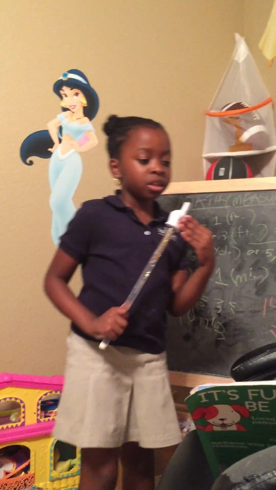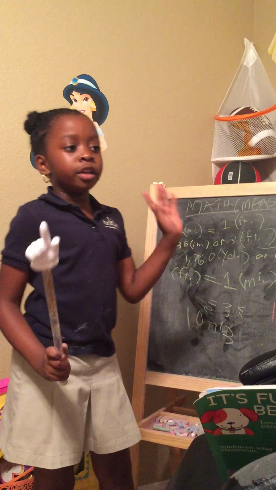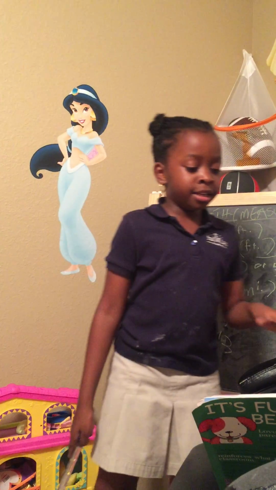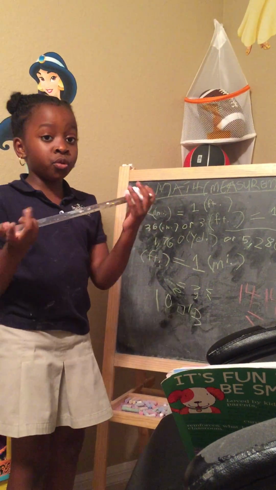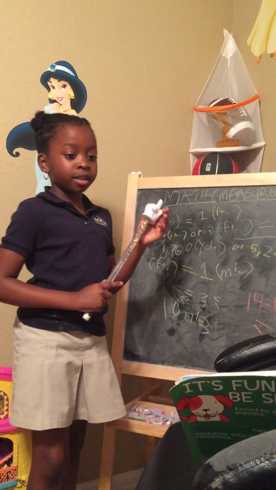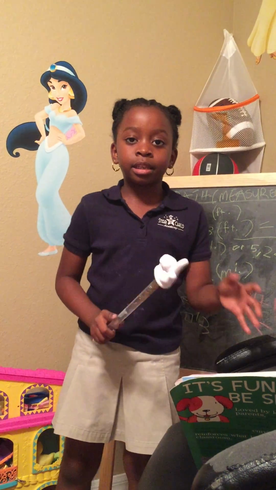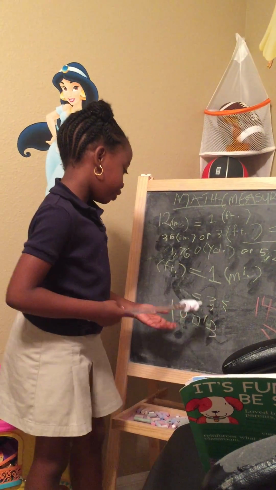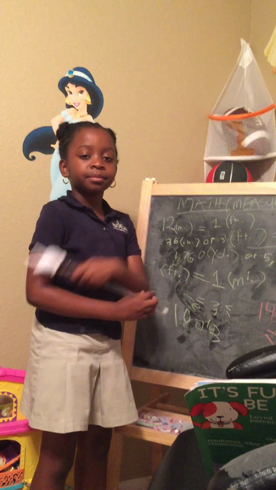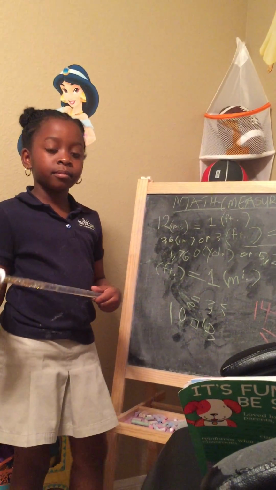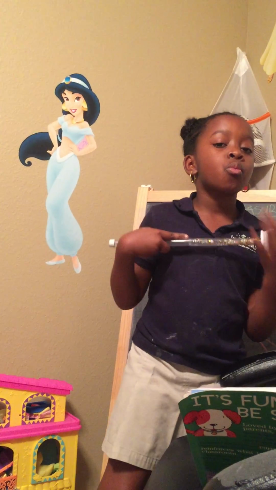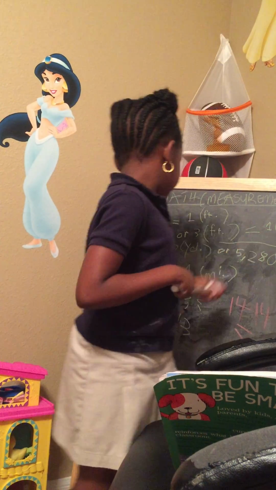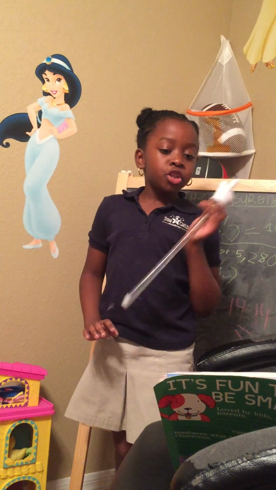So you have 24 inches, and that would be 2 feet. But we have 20, and that's less than 24. So it will have to be less than. So what will be the full sentence if you insert the right operation? The full sentence would be 20 inches is less than 2 feet.